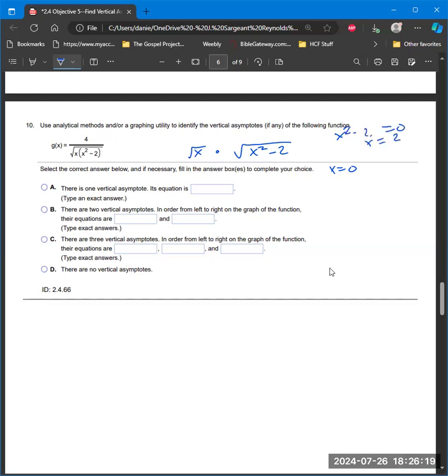X squared equals 2. X equals plus or minus root 2. However, x shouldn't be able to be negative root 2. Let's check that to be sure, because I need to have a positive inside of that square root. So I think I have zeros of the denominator at negative root 2, 0, and positive root 2. Those might be where my asymptotes occur.